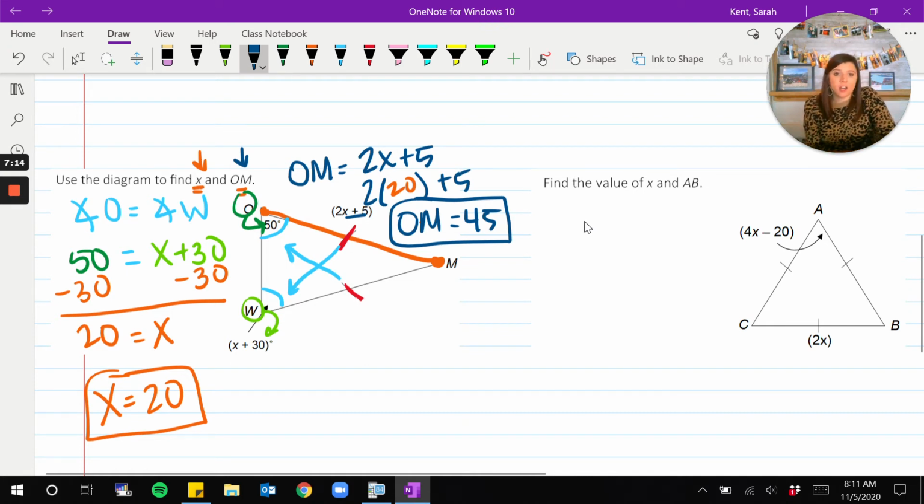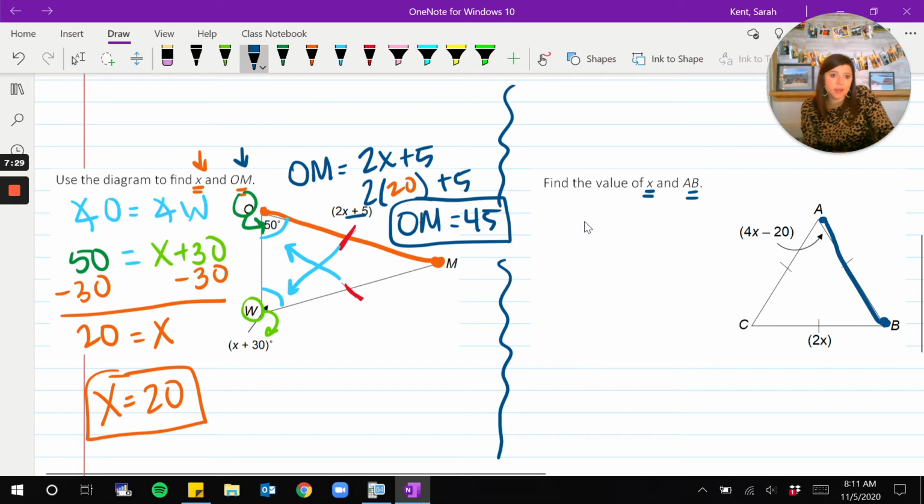All right, and then on our second problem, we want to find the value of x and AB. So here I've got A all the way down to B, but there's nothing here. So let's look at our tick marks. I've got one on this side, one on this side, and one on the bottom. So that means this is an equilateral triangle. So I know all three sides are the same.